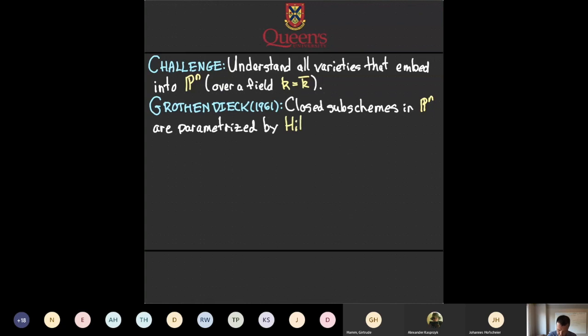I'll denote it by Hilb Pn to emphasize the ambient space. So in fact, Grothendieck wasn't only interested in projective space, but today I'm going to concentrate exclusively on projective space.